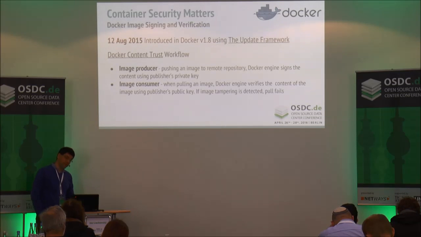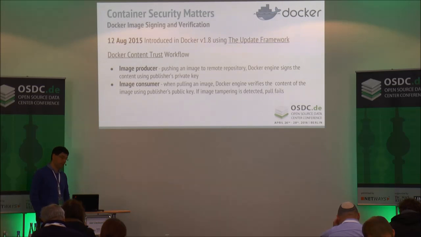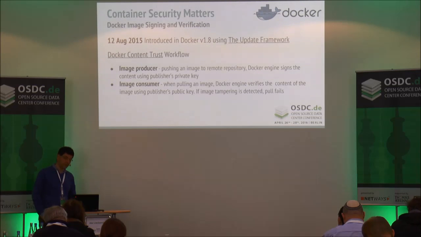Docker listened to these questions or concerns from the users, and in August 2015 introduced something called Docker Content Trust. Basically, this workflow allows the repository content to be signed. It's performed automatically at the moment when the publisher wants to publish a new version.